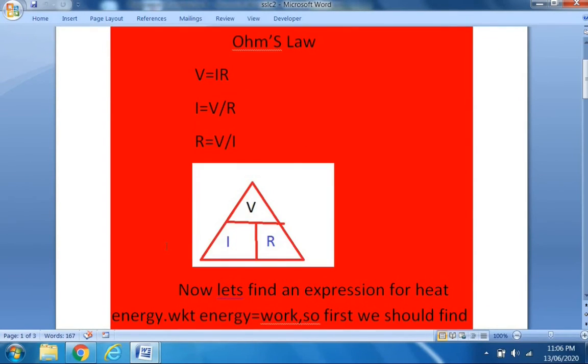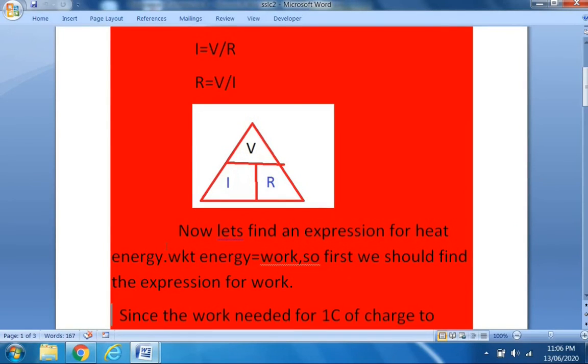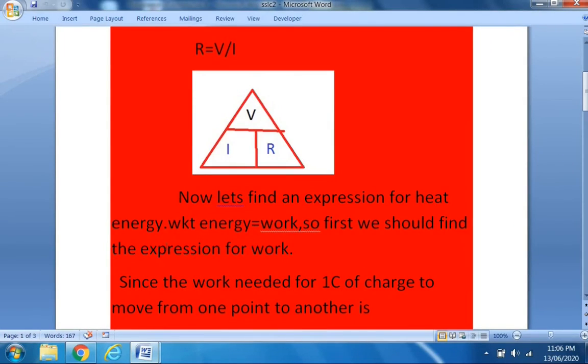Now let's find an expression for heat energy. We are avoiding the power here. We directly find the heat energy from work. It will be easy for you.